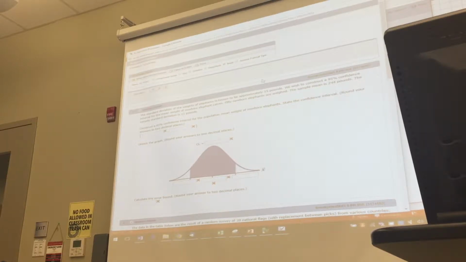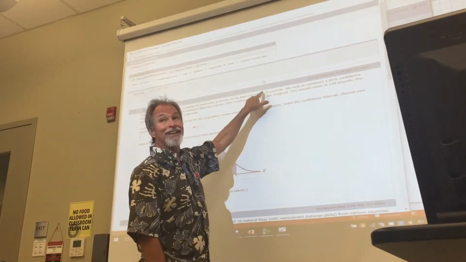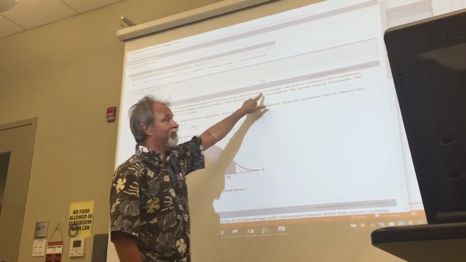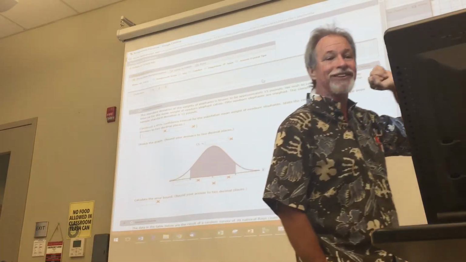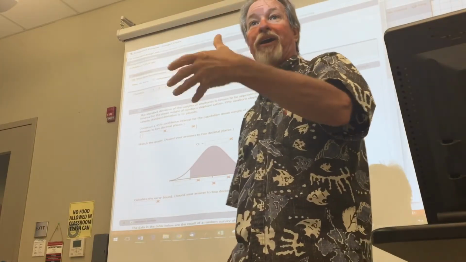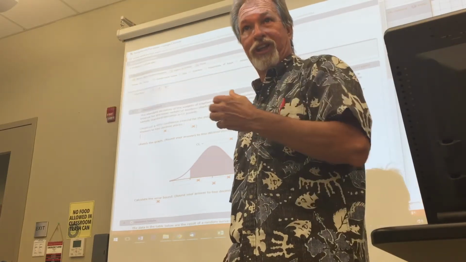They gave us the standard deviation of the sample. That may or may not be important in this particular problem. Since we know this, it doesn't have as much importance as if we didn't know this. So that's where you have to be able to identify where each piece comes from. This is why I was trying to get you to think about whether it's the population or the sample.